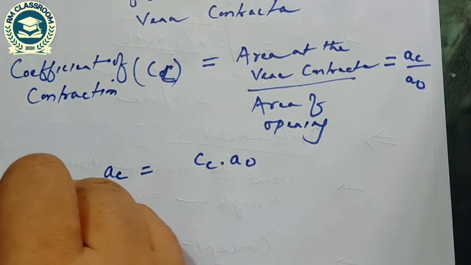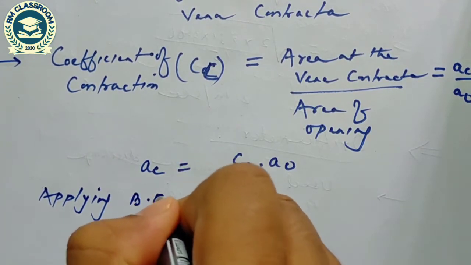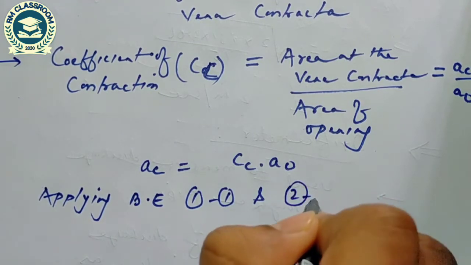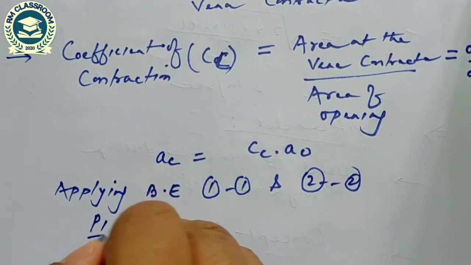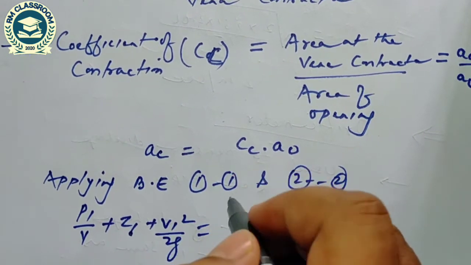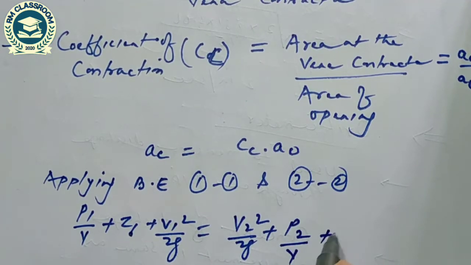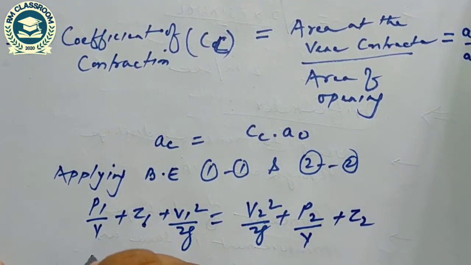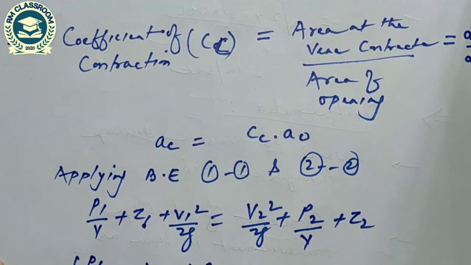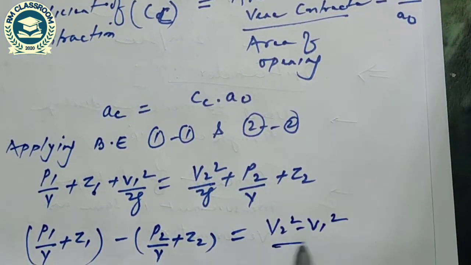Applying Bernoulli's equation between sections first and 2, we can write P1 by gamma plus Z1 plus V1 square by 2G is equal to V2 square by 2G plus P2 by gamma plus Z2, or P1 by gamma plus Z1 minus P2 by gamma plus Z2 is equal to V2 square minus V1 square divided by 2G.